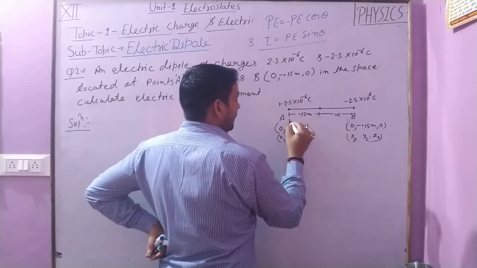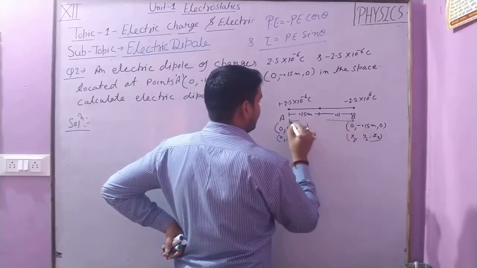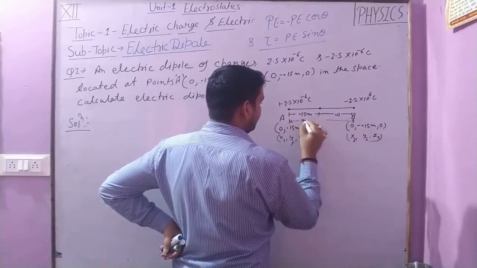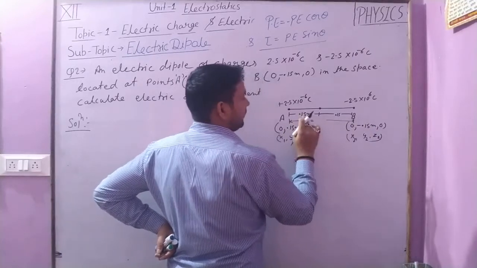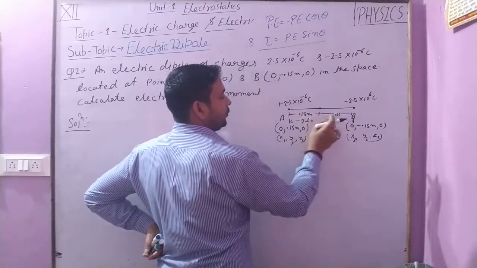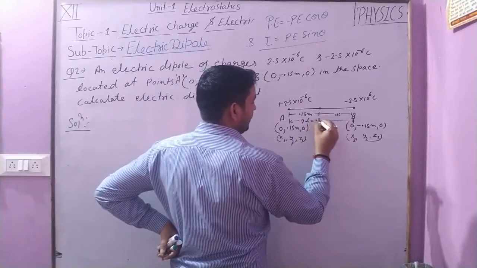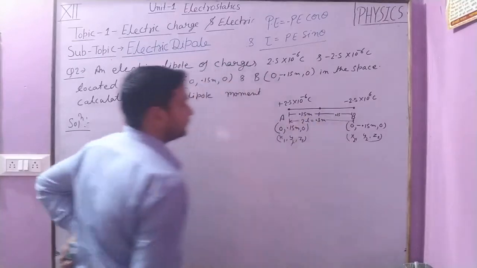So the total distance of the dipole, 2L, is 0.15 into 2, so this will be 0.3 meter.